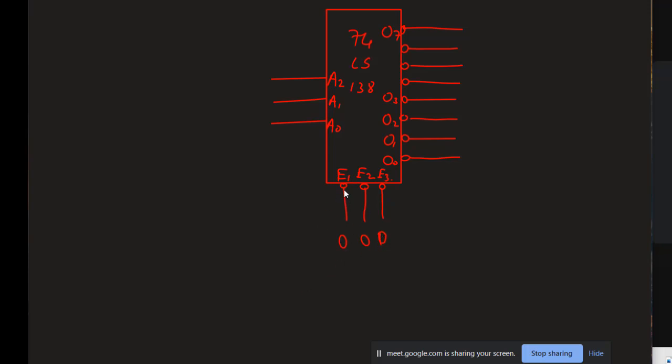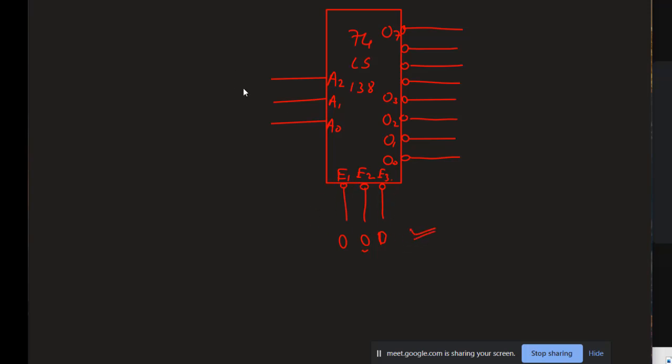That means 0, 0, 0, these 3 inputs at E1, E2, E3 enable signals activate my IC, or 1:8 binary decoder IC. That means whenever this signal is present at these 3 input lines, only then will any signal present at the input change the output signal.